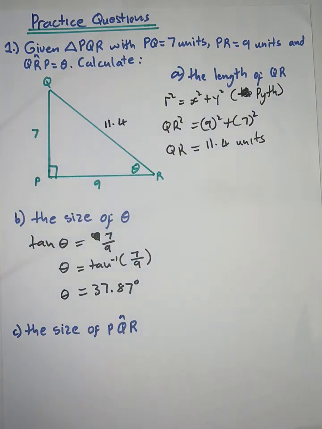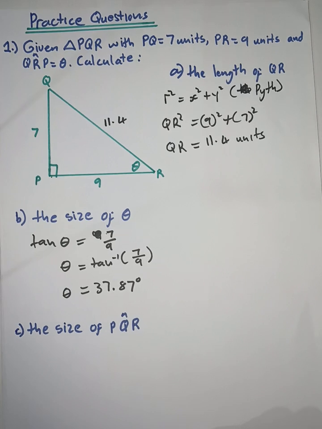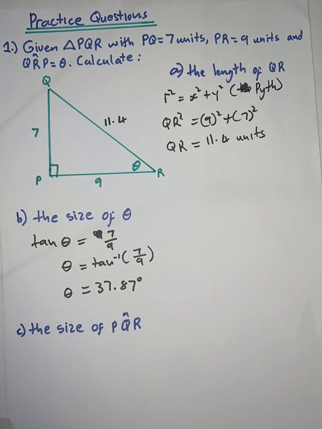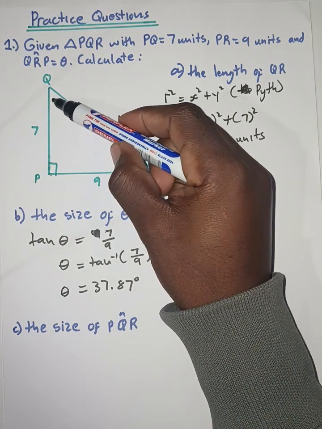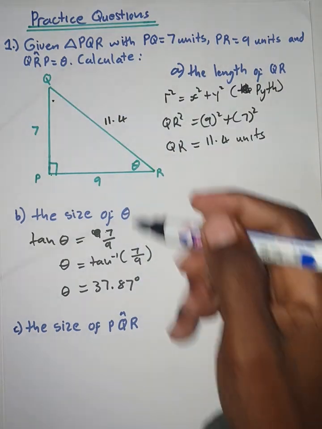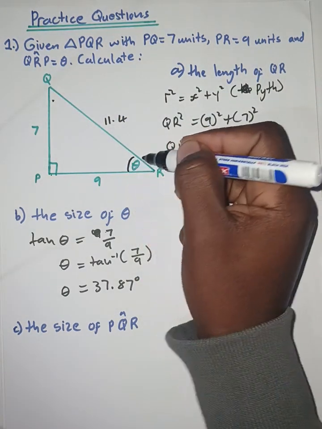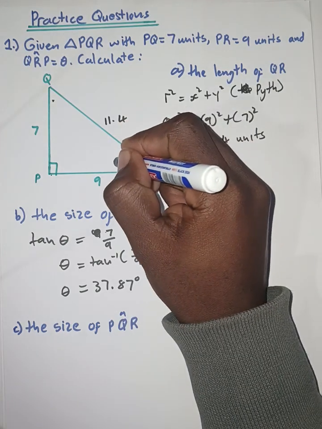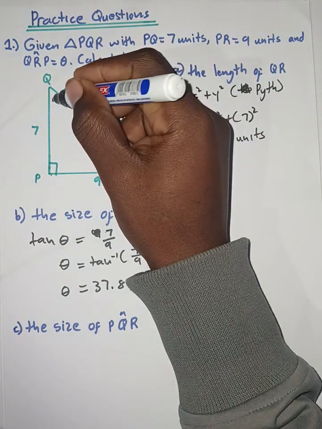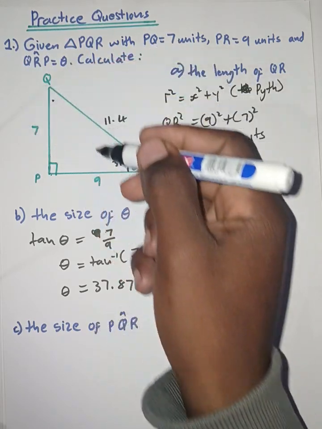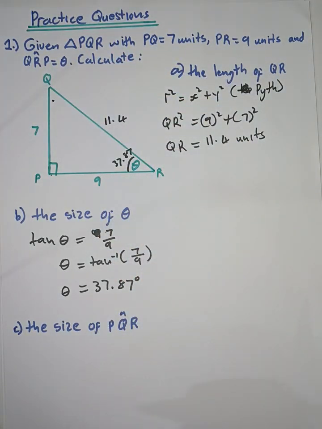Now they say calculate the size of PQR. So that would be that angle there. Now we have already found that this angle was 37.87. Now we are looking for Q, which is the third angle. So in this case we're just going to use the sum of the interior angles of a triangle.